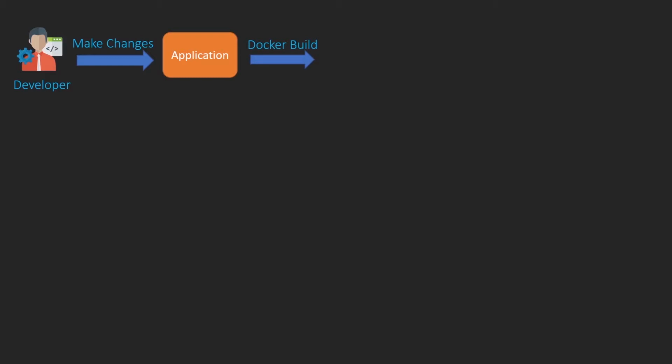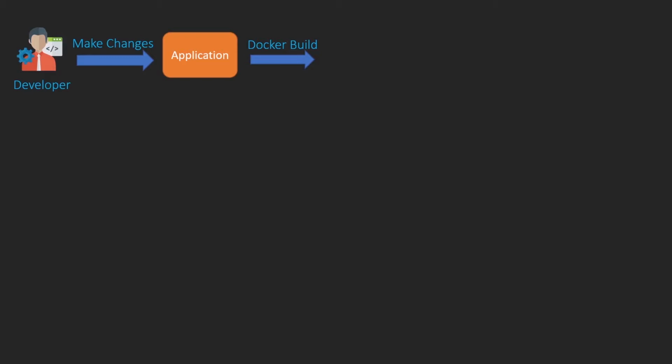Once the changes are available in the source control, the Docker build is done. The Docker build could be done locally on the developer machine as well, but in most cases, whenever new changes are pushed into GitHub, it will trigger a Docker build in pipelines like Jenkins. So Jenkins does the Docker build.